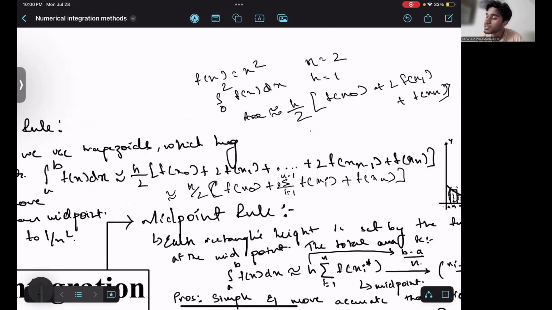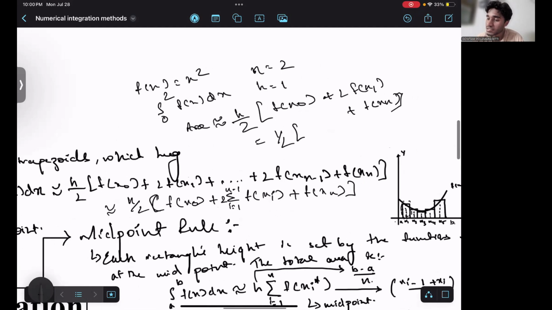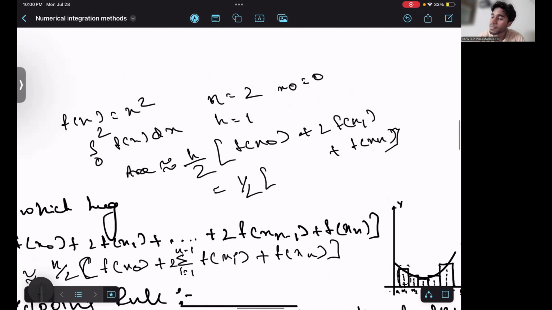This will be equal to 1 by 2 of f(x0) plus 2 f(x1) plus f(x2), where x0 is equal to 0, x1 is equal to 1, x2 is equal to 2.